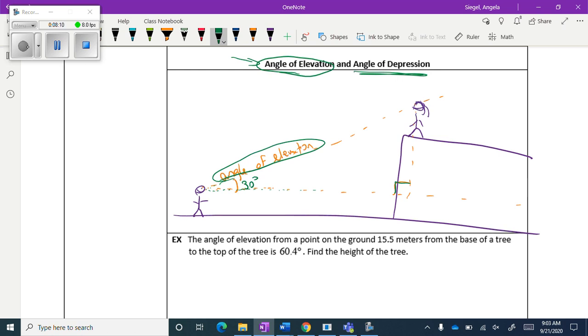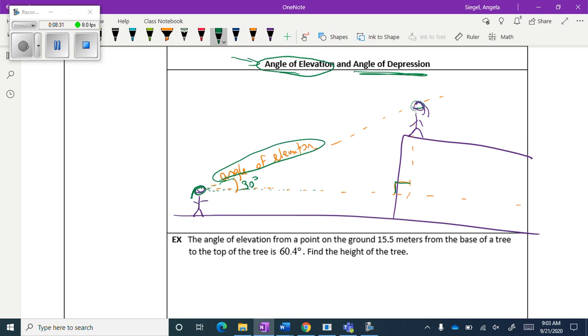Okay, so we can also look at it from the student looking down to Mrs. Siegel, who is careless, it looks like. And so we're going to do that here in just a second. I think it's confusing, so I always look at it from the perspective of the lower elevation person looking to the higher elevation person.